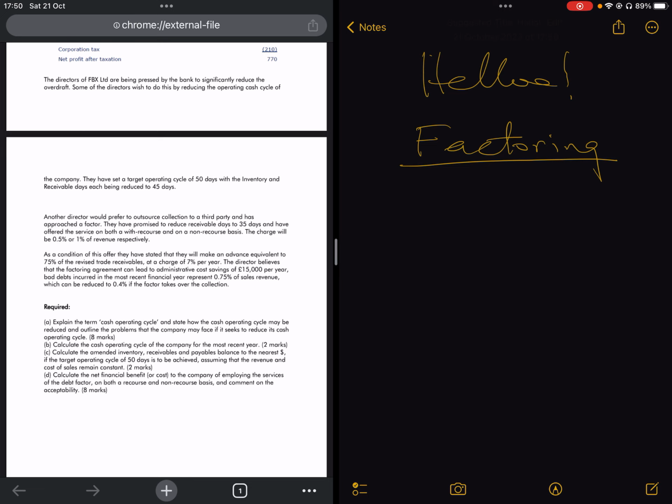But before I go into solving this question, let me just give you a very quick reminder of what factoring is all about. Remember, a factor is that agent that helps you to collect your receivable, right? So we spoke about different ways of managing receivables. We said you can introduce early settlement discount to encourage your customers to pay early and you give them discount, but that comes at a cost.